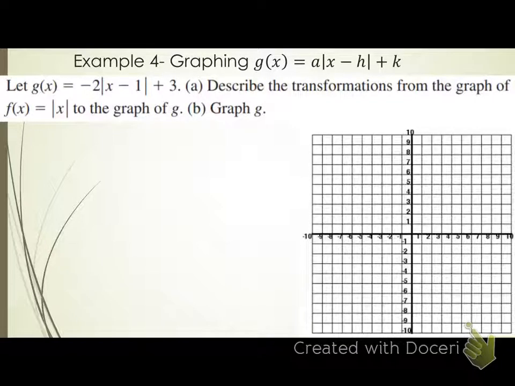Is this in vertex form? It is in vertex form. So what do I know my vertex is? Positive 1, comma 3. I know it's going to have a turning point at 1, comma 3. So now let's plug in -1 and 0 to get 2 more points.